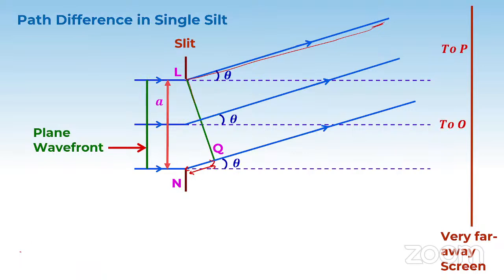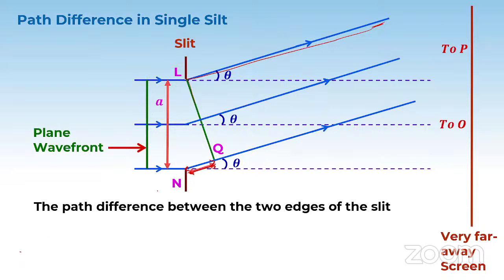Each and every wave will make the same angle theta here. Now, the path difference between the two edges of the slit is given by NP minus LP. This is only the path difference. This I have drawn. And it is given by NP. This is N, and here is P. On the screen, the point P is what we have taken.